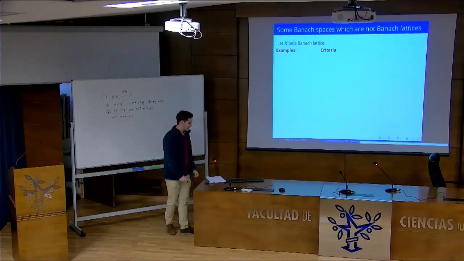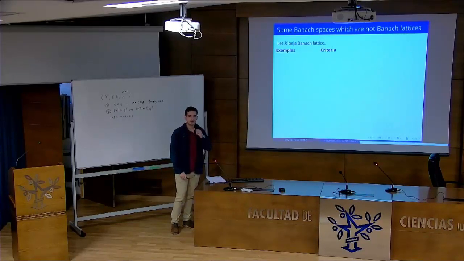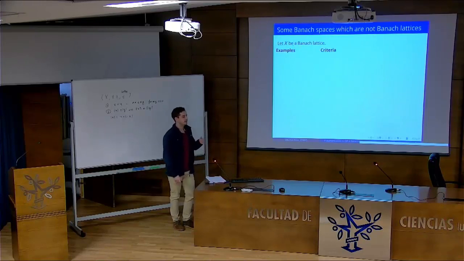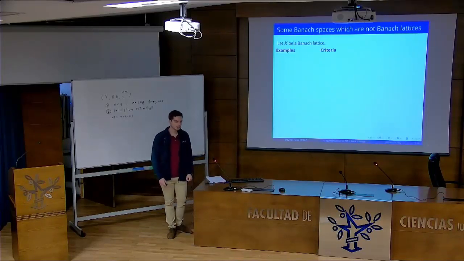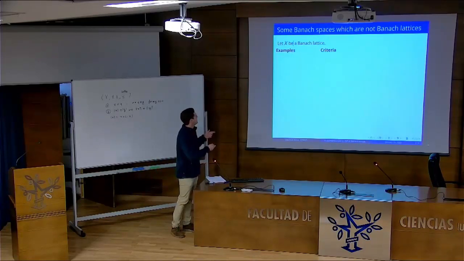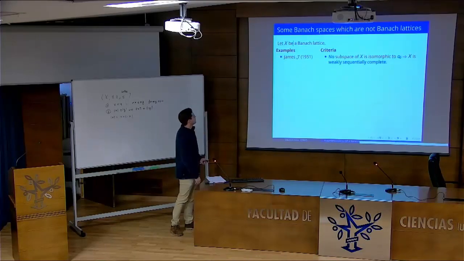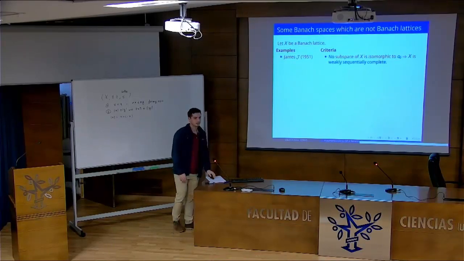A reasonable starting point to think about this problem is to look at the known examples of Banach spaces which are not Banach lattices. For example, an example of a Banach space which is not a Banach lattice is the James space.